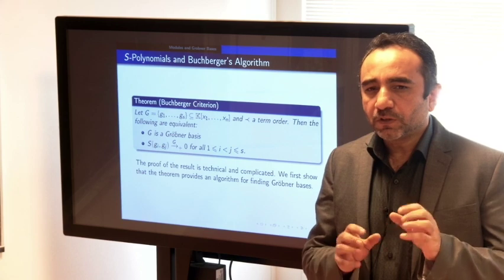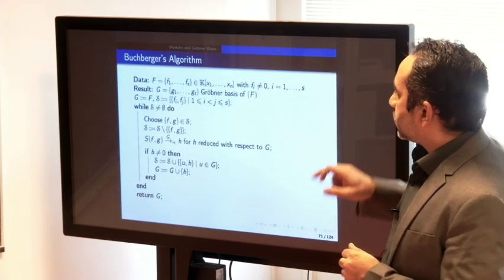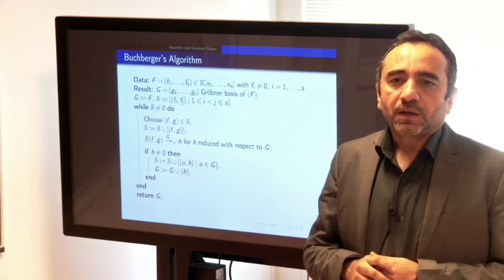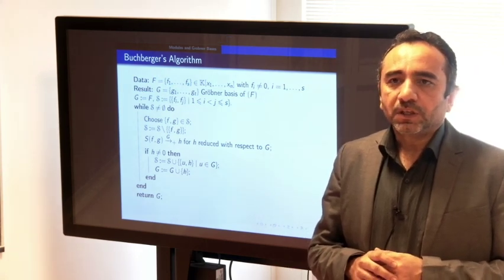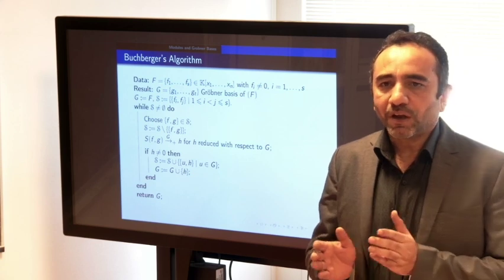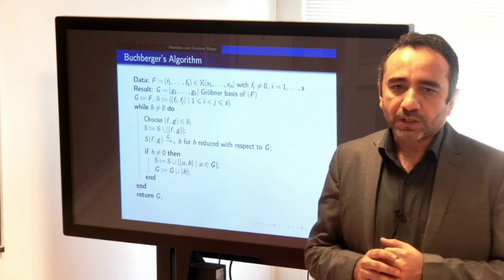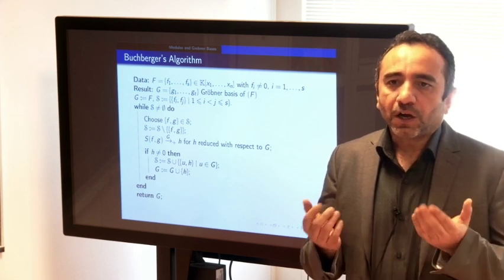So on the basis of this criterion, there is the Buchberger algorithm, and that algorithm is defined as follows. In this algorithm, the input is a set of polynomials f1 up to fs, and all of those f_i's are non-zero. And what is the output?